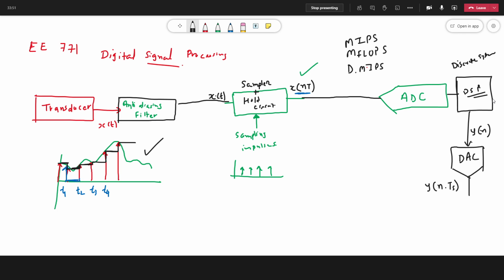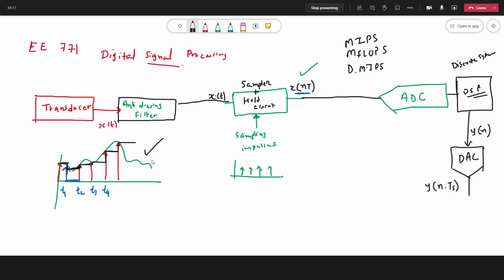And signal can be played on the device like speaker, and speaker accept the analog signal, and that's why this digital information after filtration needs to be converted into the analog signal.